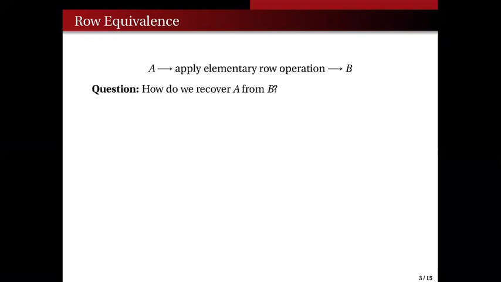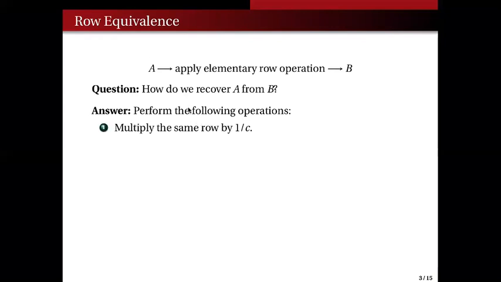So we perform the following operations. These are also elementary row operations. From before, we multiplied the row by a non-zero constant C. To recover the original matrix, this time we multiply the same row by 1 over C. For example, let's look at this example.